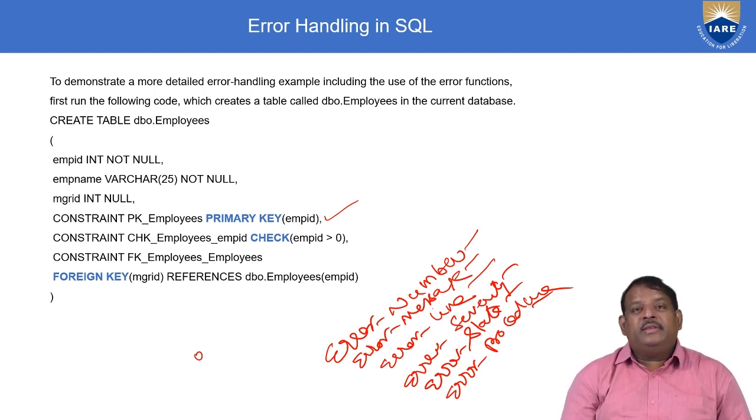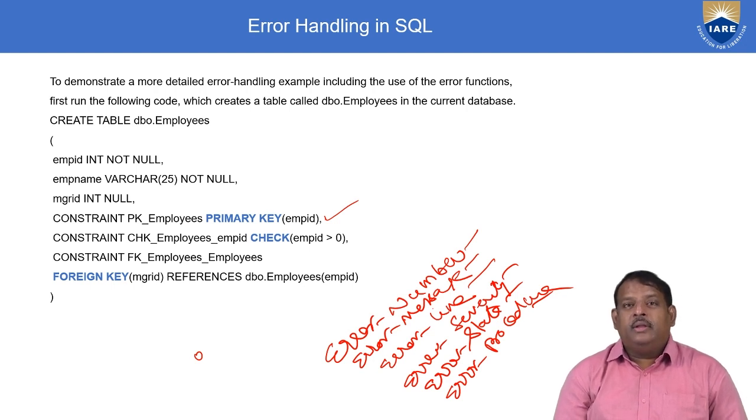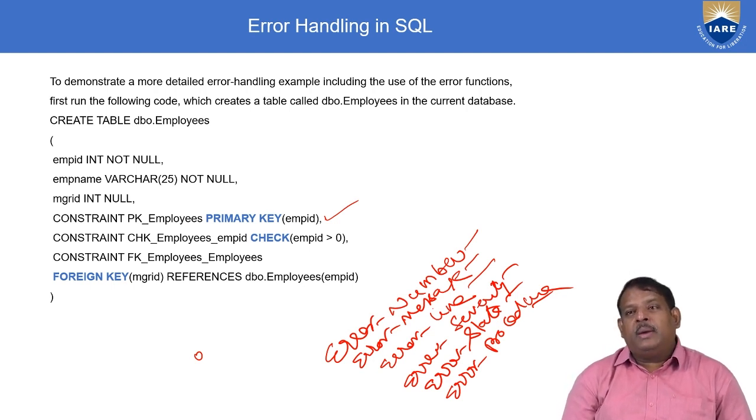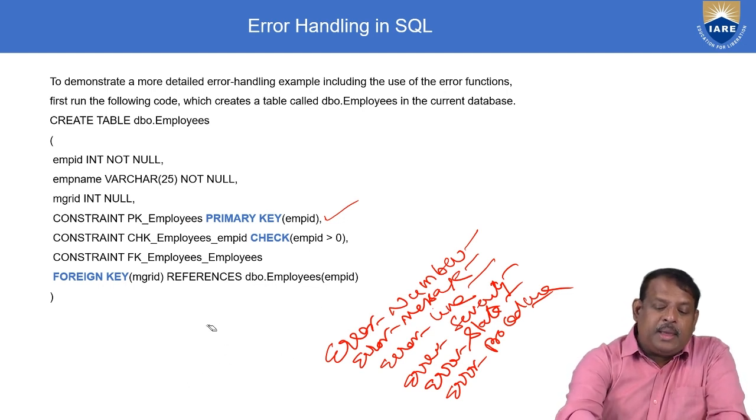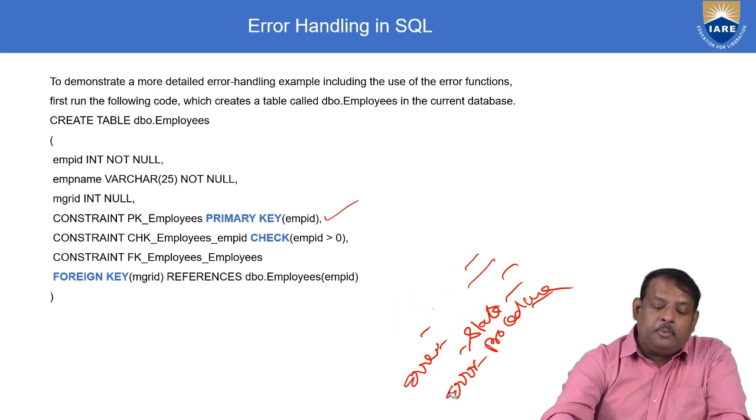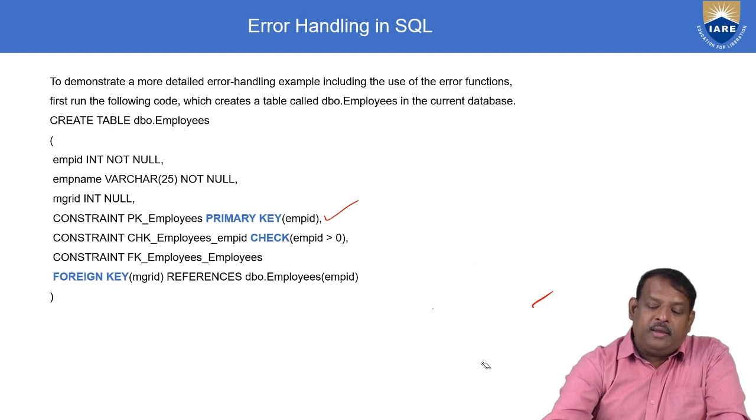And the third is that when I insert a manager, that manager should also be an employee, so I cannot have a manager who is not employed in my organization. This is the logic, and this is the table I'm going to create.